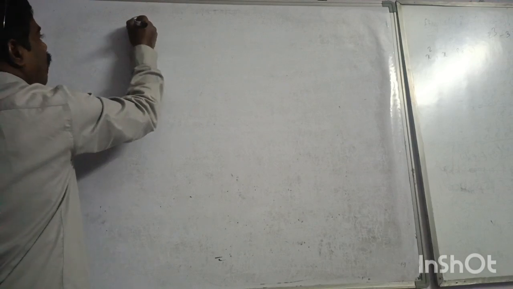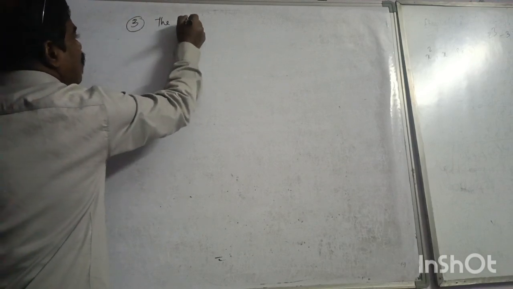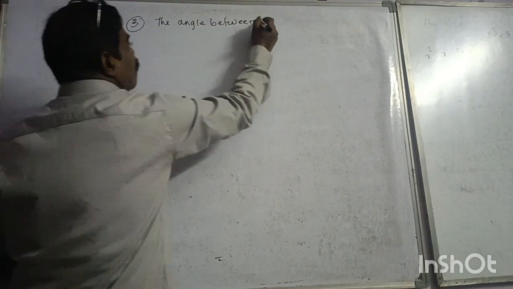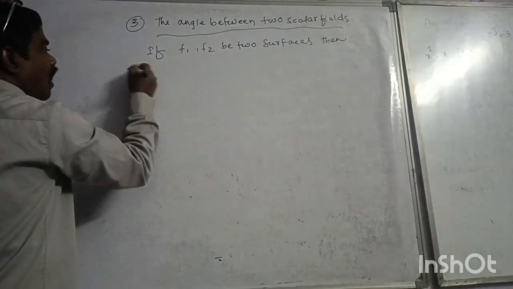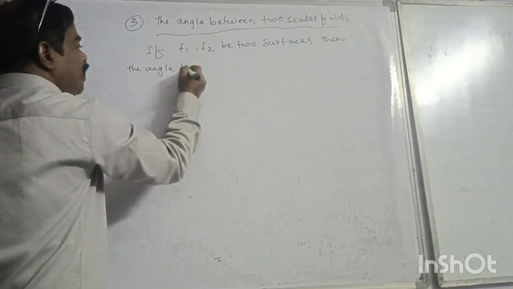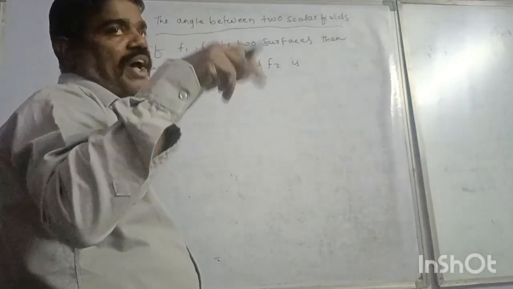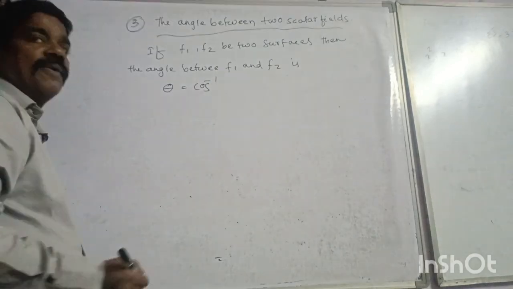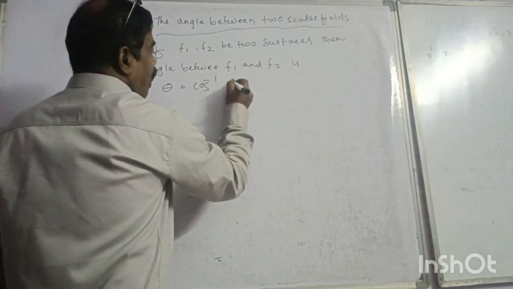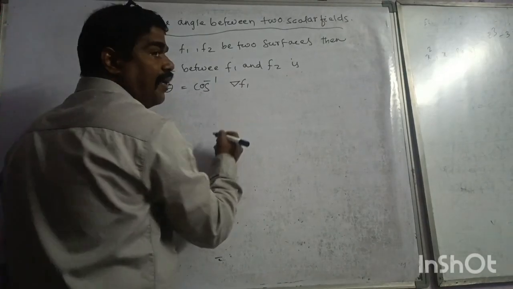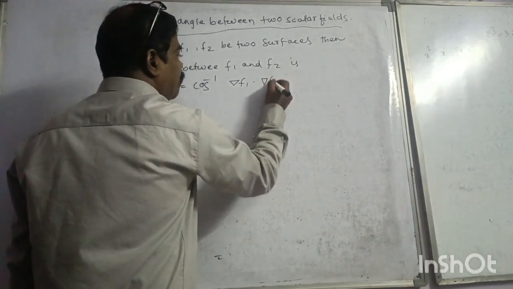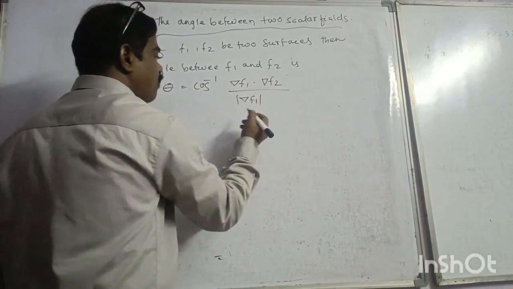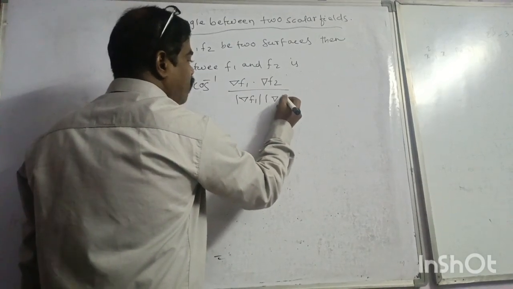Third one, the angle between two scalar fields: theta is equal to, remember, cos inverse of nabla f1 dot nabla f2 divided by mod nabla f1 mod nabla f2.